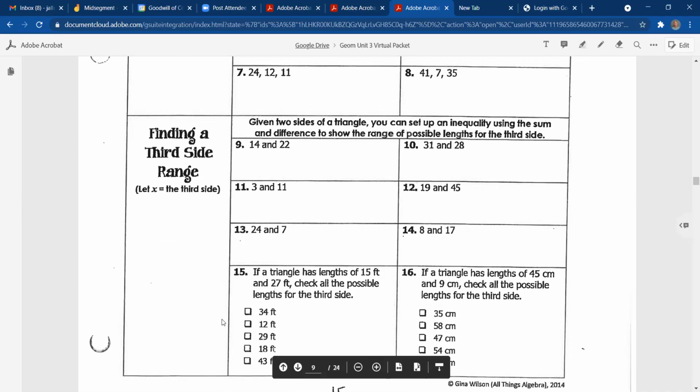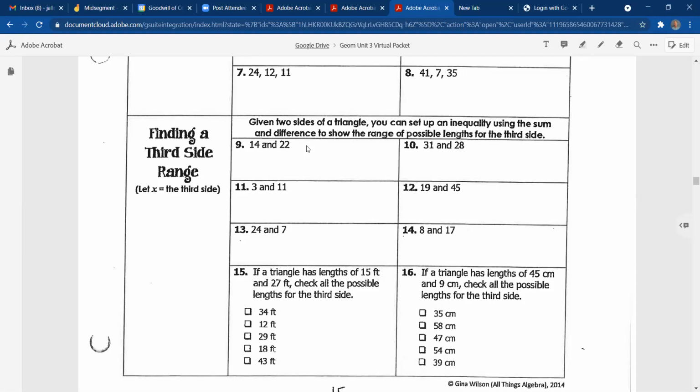You can have another short side to add to the 14. Right? So anything that's larger than 8, you can make a triangle with. Right? Because 9 plus 14 will give you 23.